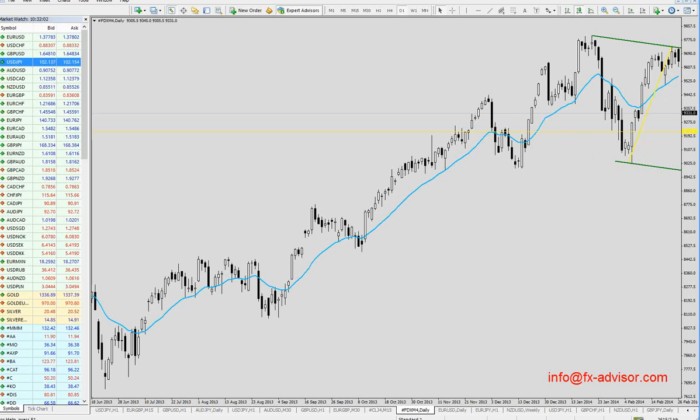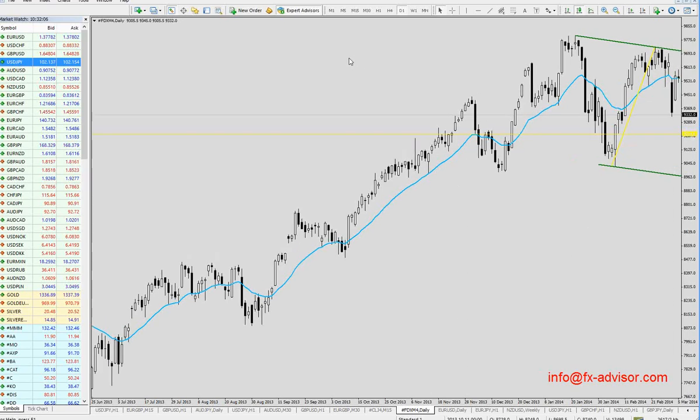Okay. Bam. And finally we get our lower swing high or lower high.